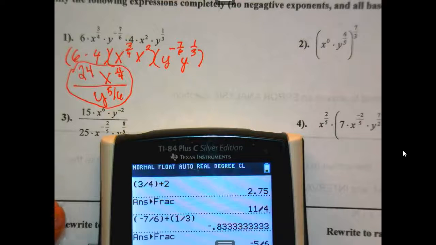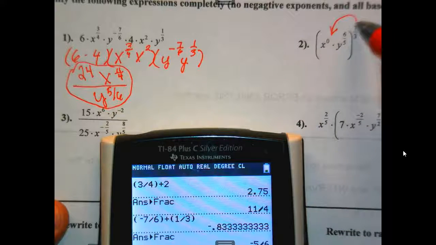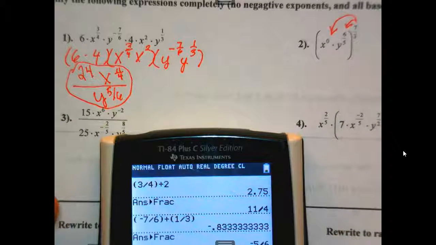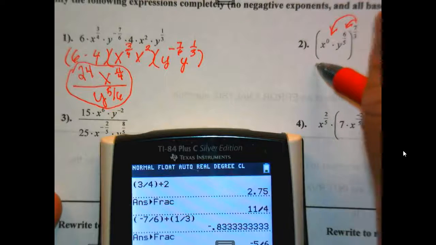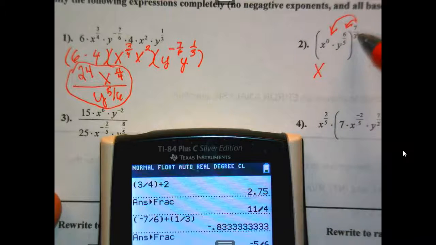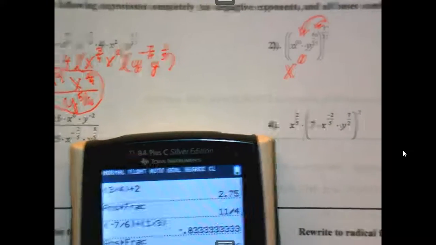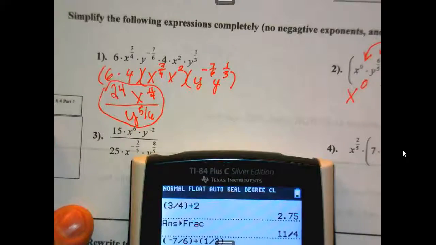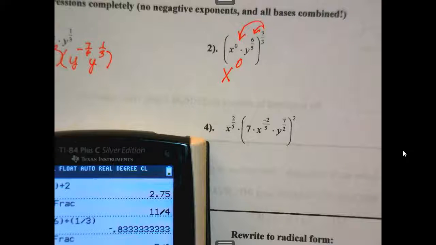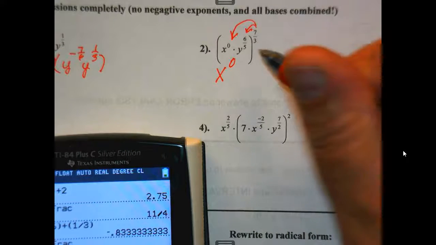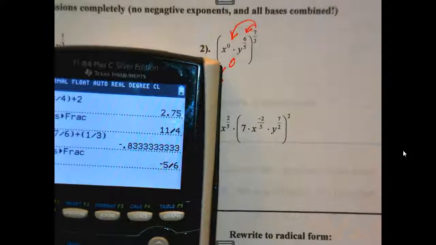All right, I have an exponent outside parentheses, so I have to distribute it to each exponent. So I get x to the 0 times 7/3 is 0. Okay, 7/3 times 6/5.